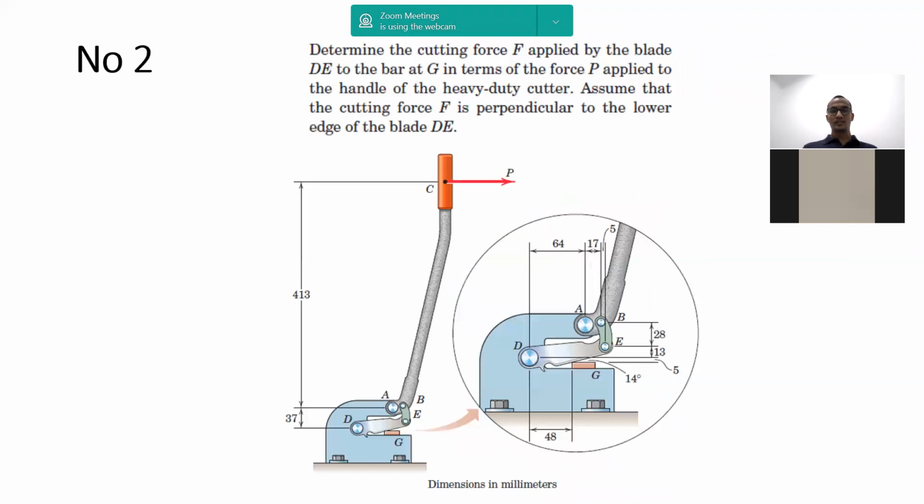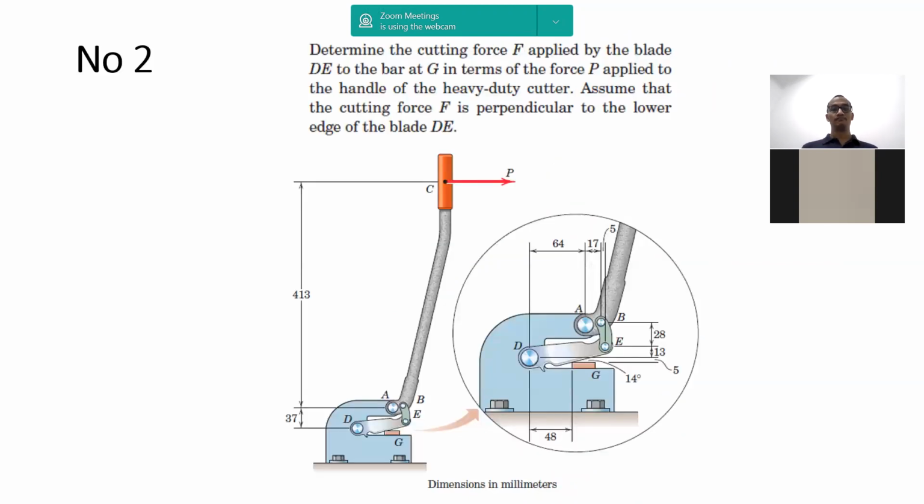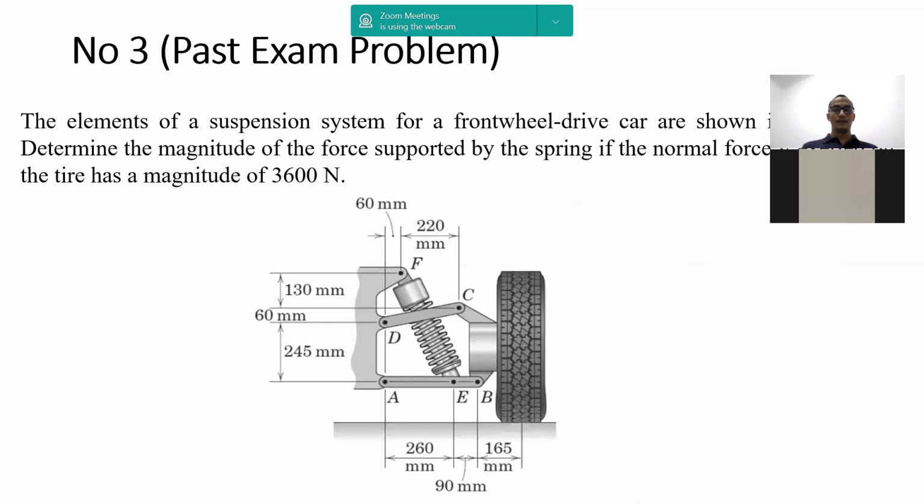Number 2, so there are several mechanisms here where you can practice on solving the frame and machine problem. Some of the past exam problems I give as well, for you to be able to measure yourself, if in your current state you have to go to the exam, what will happen.